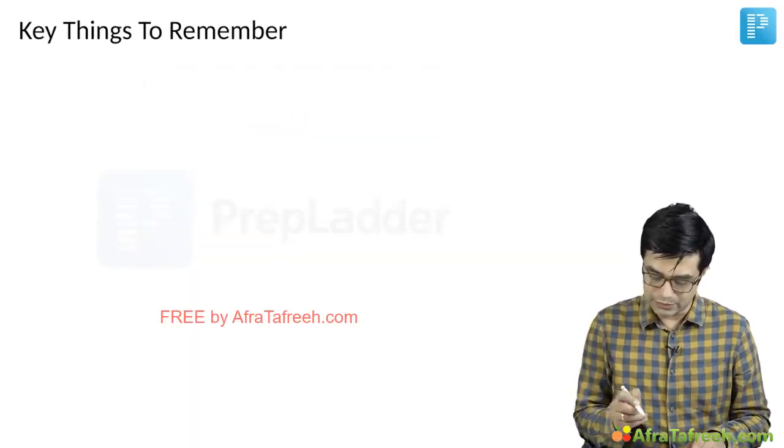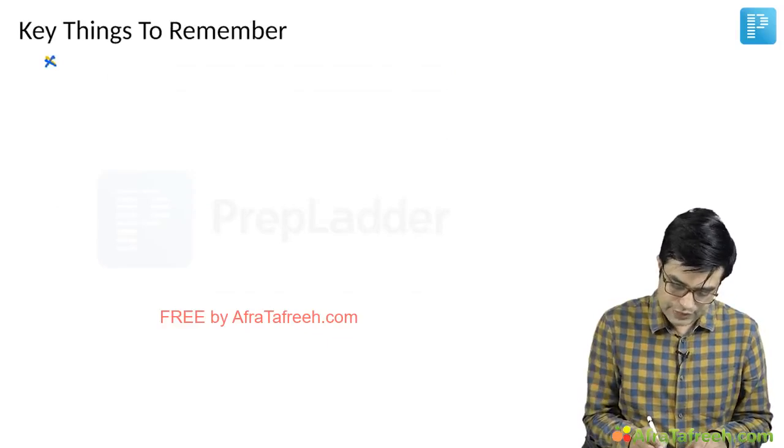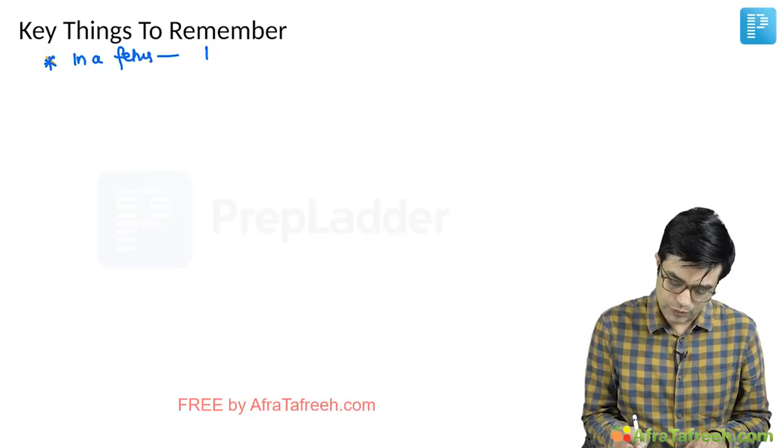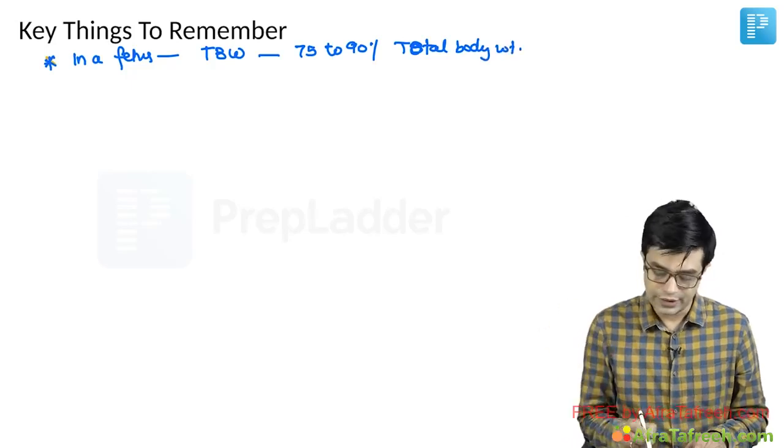So, the key things to remember, first of all, in a fetus, total body water contributes about 75 to 90% of the total body weight. Total body weight, not water.